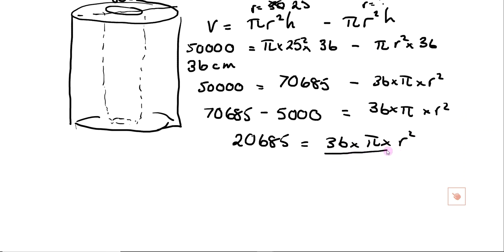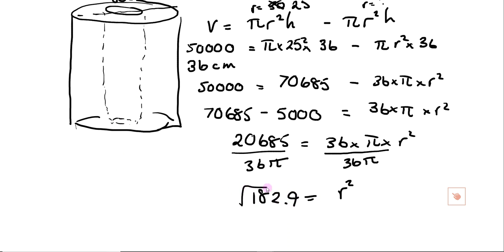So I'm going to divide by the 36 and the pi. So r squared is this, and I worked that out to be 182.9. I then did the square root, and I get r is 13.5 centimetres.